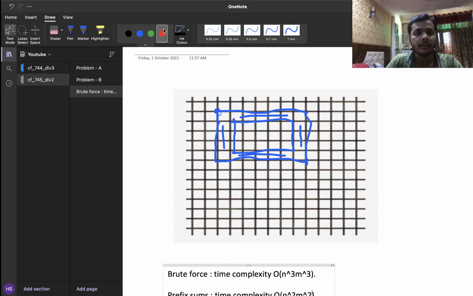So there's that. Now let's see what prefix sum actually means. I'm assuming you know what a 1D prefix sum is, like calculating a prefix sum inside an array.